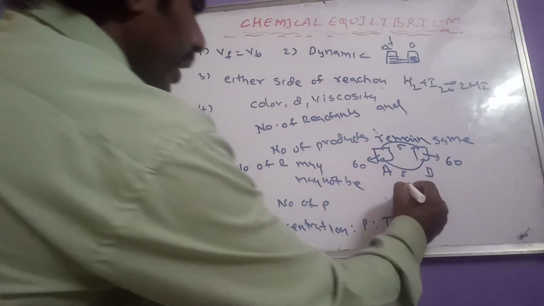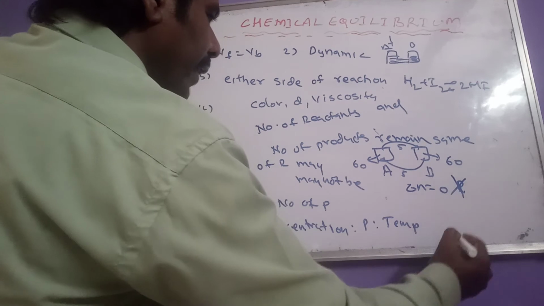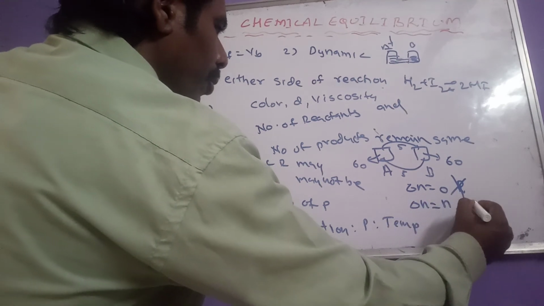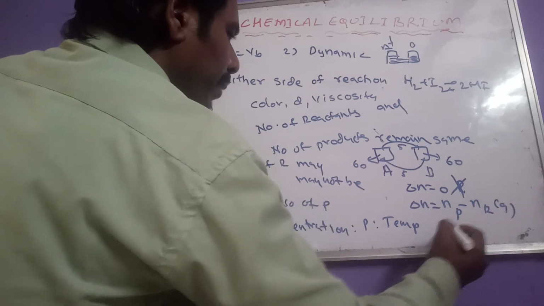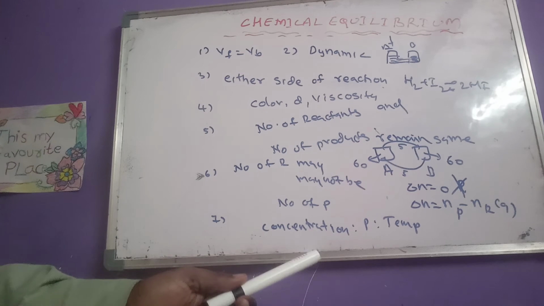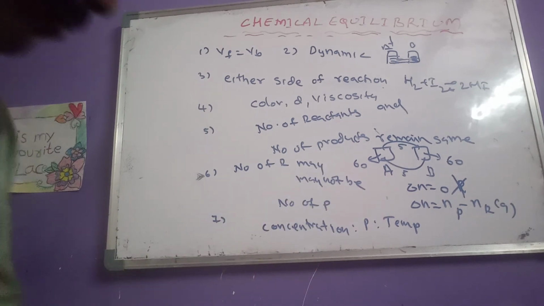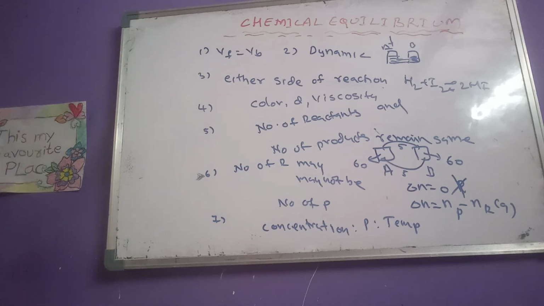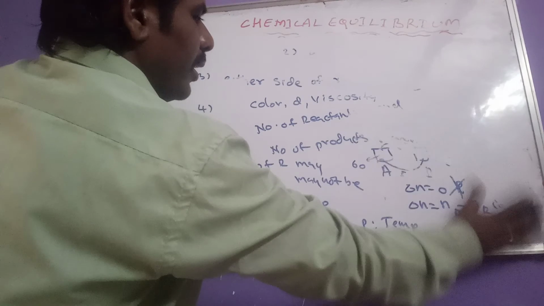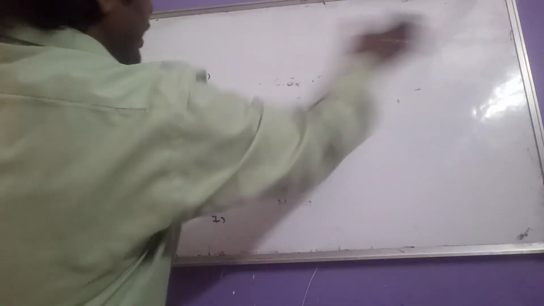And if delta n equals 0, pressure has no effect. What is delta n? Number of gaseous products minus number of gaseous reactants. If the delta n value is 0, that equilibrium is not affected by which one? Pressure. So these are the characteristics of which one? Equilibrium. Now let us see types of equilibrium.